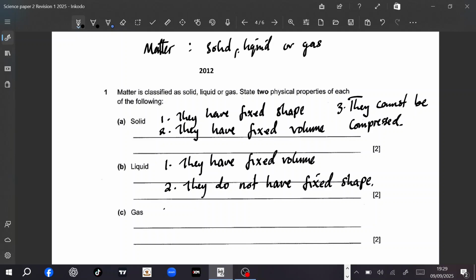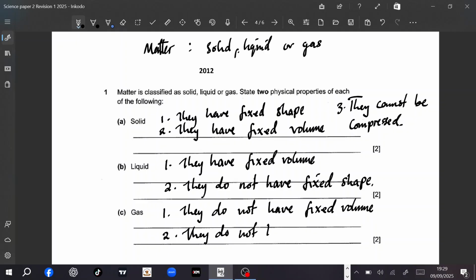Then in gases, you can say they do not have fixed volume. You can also say they do not have fixed shape.